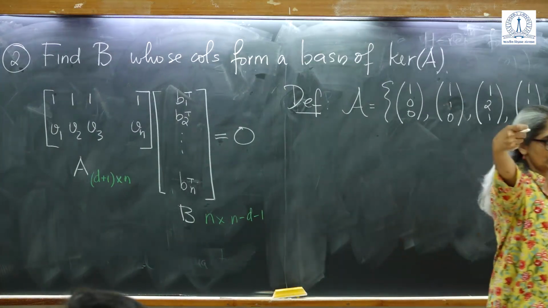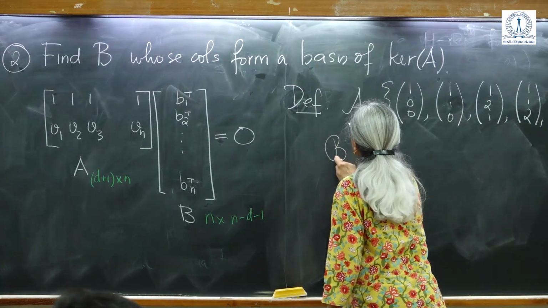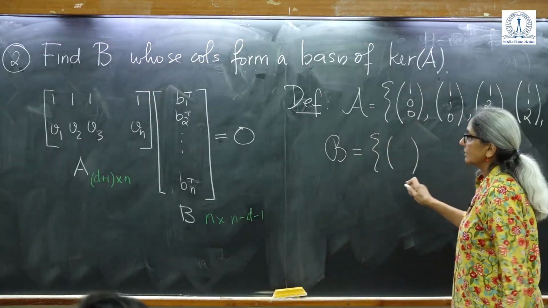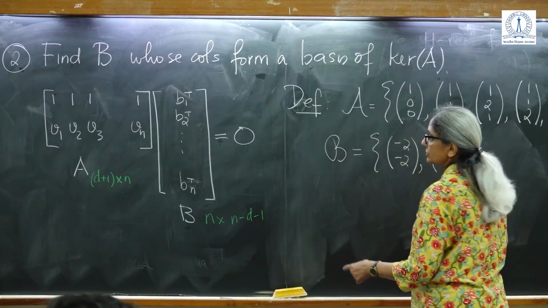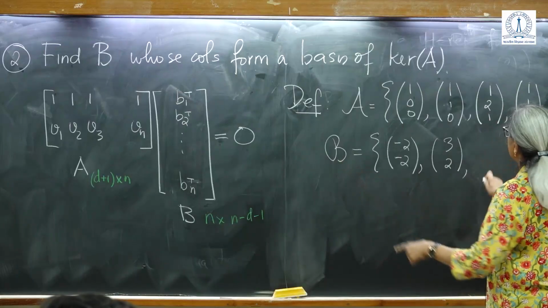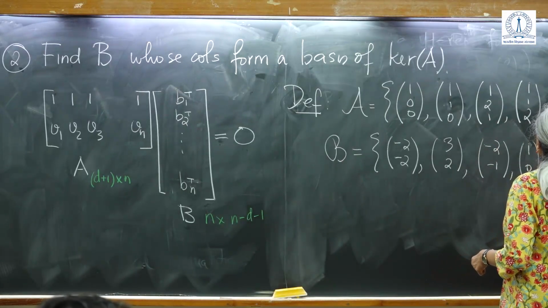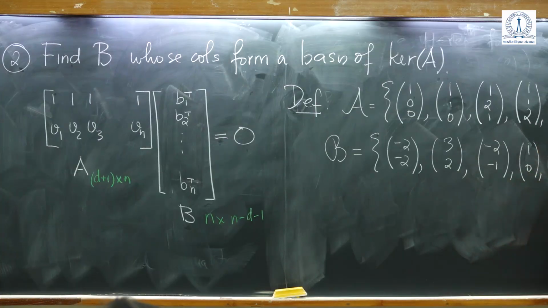It's just the collection of columns of the A matrix. And I'm going to call the collection of rows of the B matrix, but I think of them as columns. So in our example, it's -2 -2 is the first row, then 3 2 is the next row, and -2 -1 is the next row, and then 1 0 and 0 1. Okay? So I get 2 configurations out of this construction.